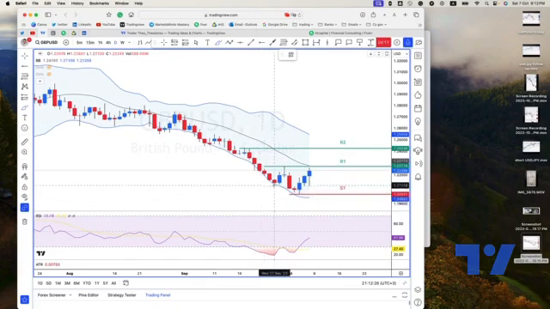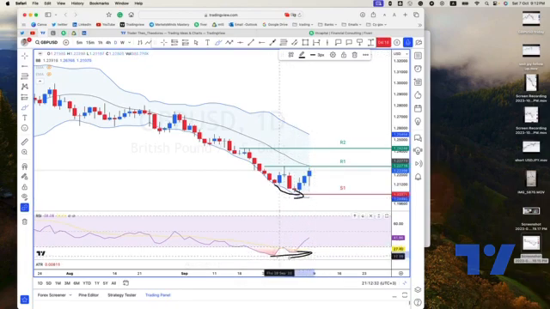So in this occasion here, we had the price making lower lows, and the indicator, the RSI, plotted bullish divergence on an oversold area. That's a very strong indication that the market may be exhausted and it's time to reverse.